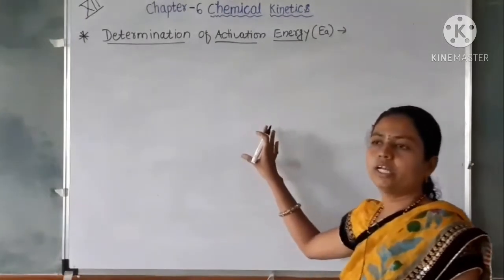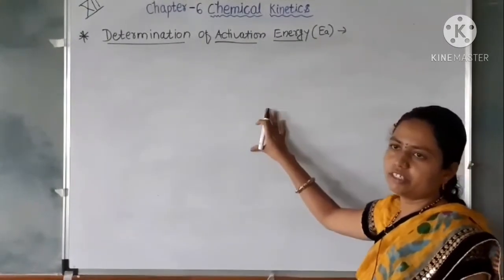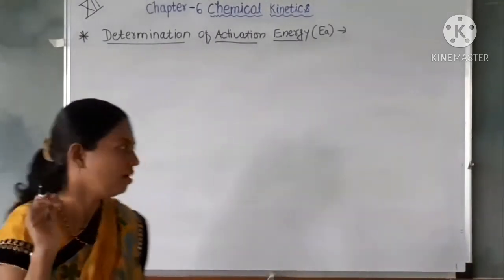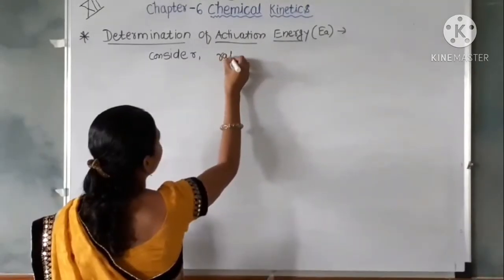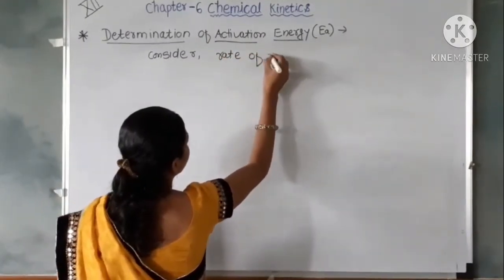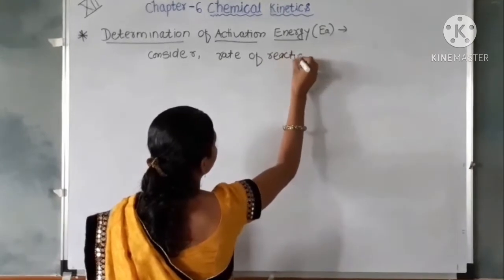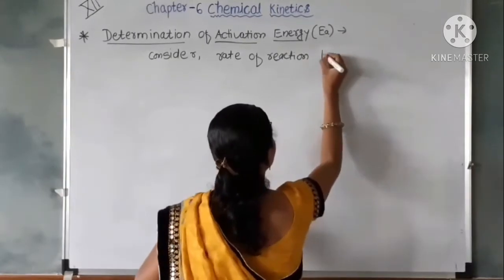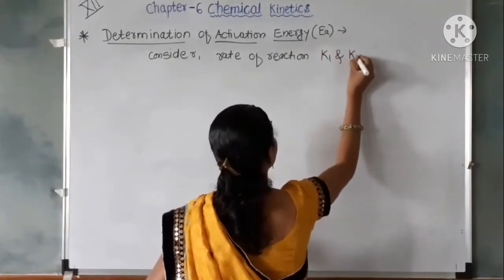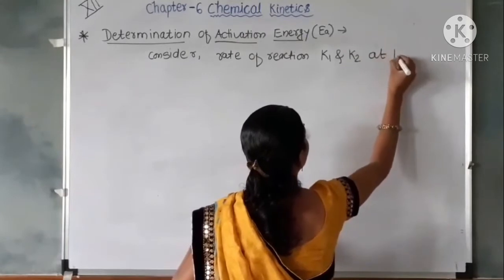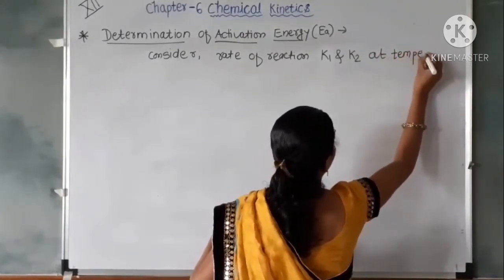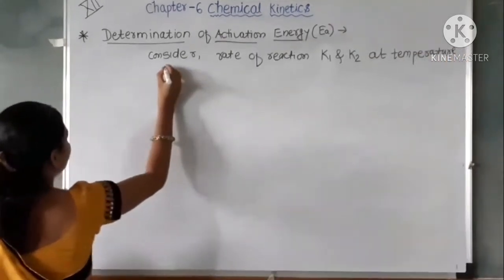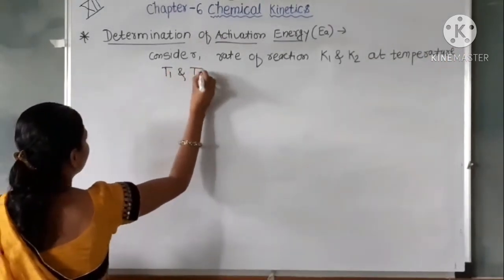Therefore we write two equations at different temperatures T1 and T2, having rate constants k1 and k2.